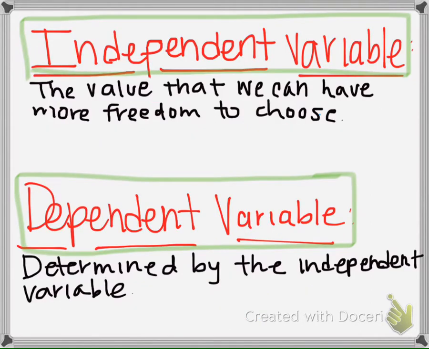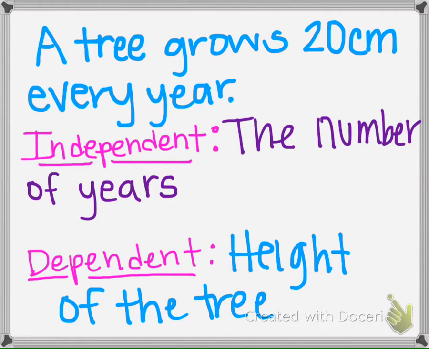If you think back to our definition, the value that we have more freedom to choose, in this scenario, we have more freedom to choose how long we're going to let the tree grow. That's our independent. I have more control over that rather than the height of the tree.